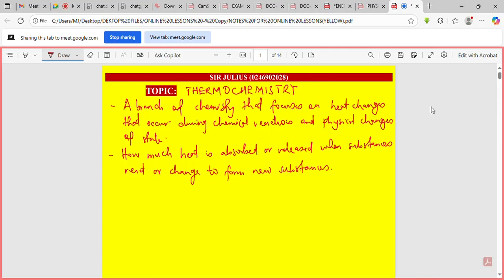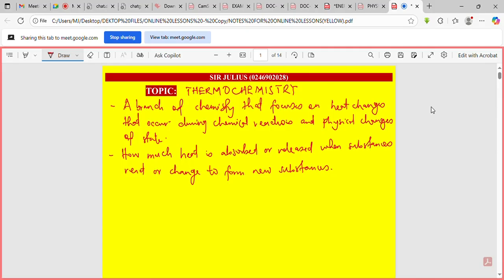When chemical reactions are taking place, or when physical changes of matter are taking place, there are instances where heat will be absorbed into the system, and instances where heat will be released. This takes us to what we know as exothermic and endothermic reactions.